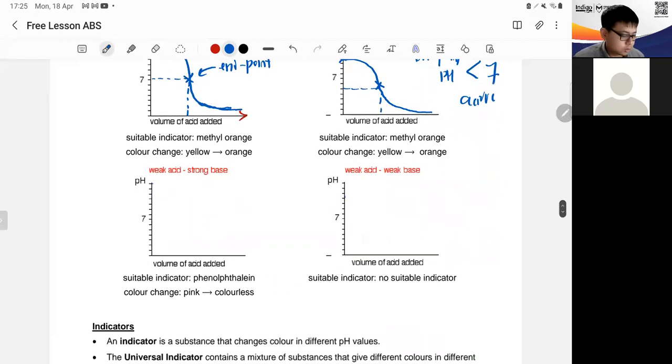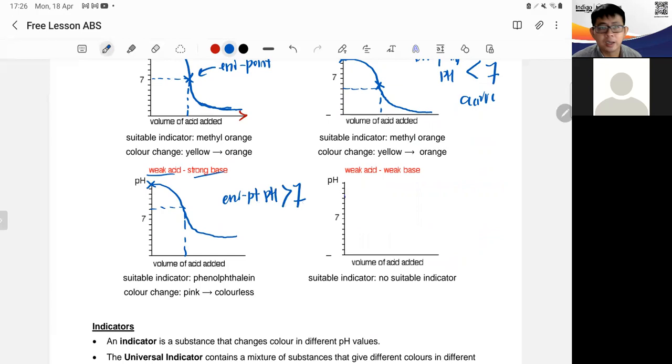For weak acid, strong base titration, I'm going to add a weak acid, but I start with a strong base, which means I'm still somewhere here. But when I end off, it should end off somewhere here, because the weak acid is not going to go to 1 or 2, maybe 3, 4, 5, 6, the pH. Where's my endpoint? Here. Endpoint pH is greater than 7, actually. Again, a strange one. So why?